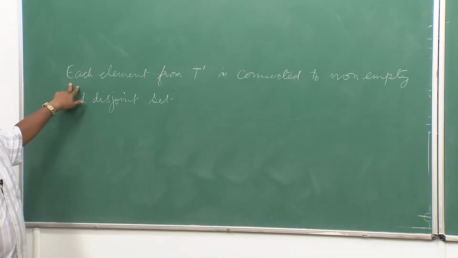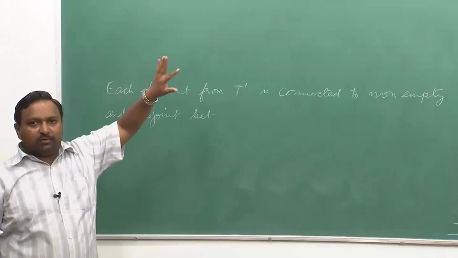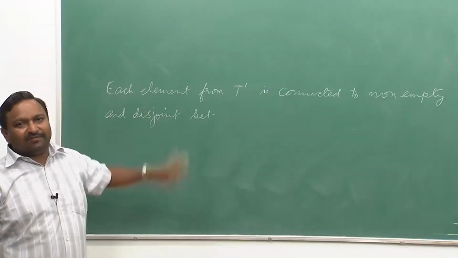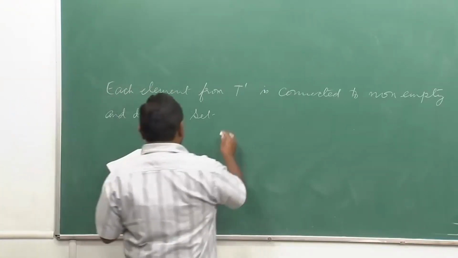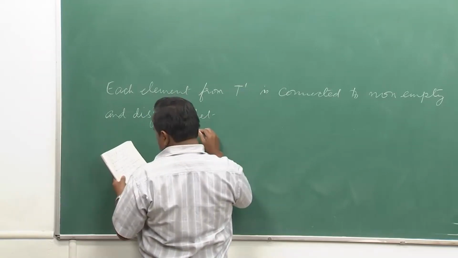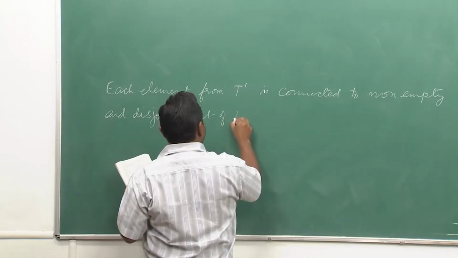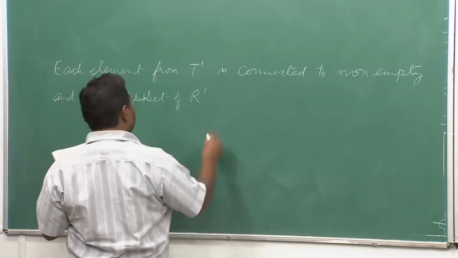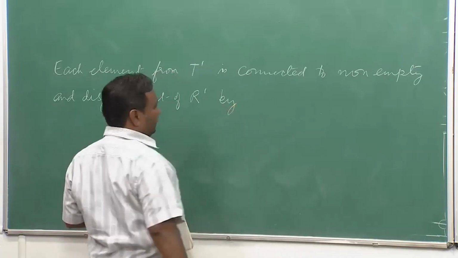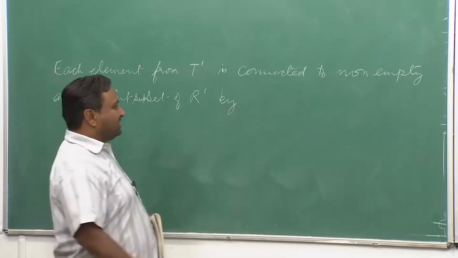One element from T prime, or one port, connecting to multiple ports is possible. So, this takes care of the multicasting scenario. Disjoint subset of R prime, and we define a very important term, legitimate multicast tree.